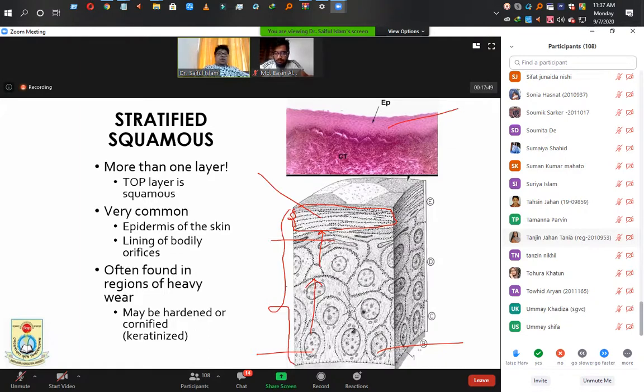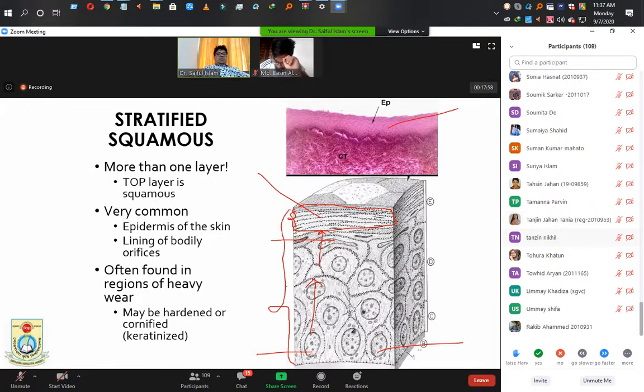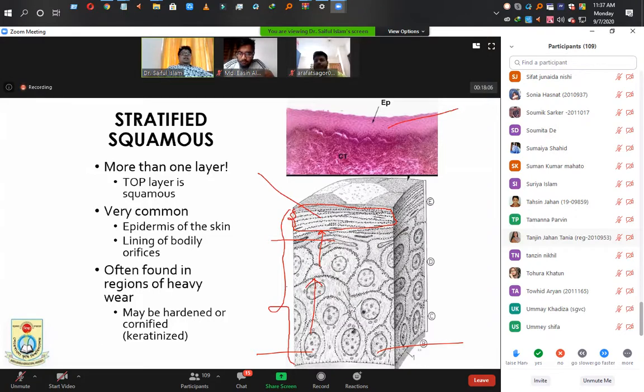So they form a dead cell layer that is called the keratin layer, which gives extra protection. The skin always has some keratin layer.